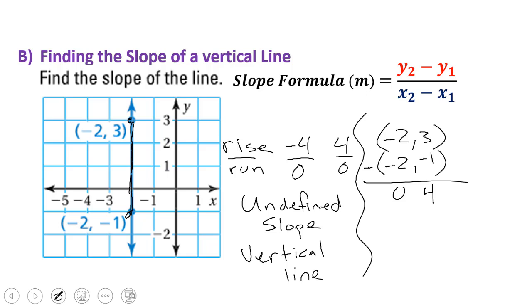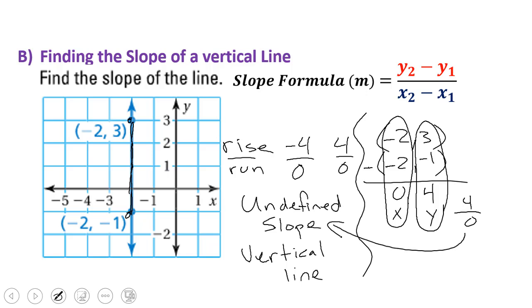Now this is my x and this is my y. My change in y, as a definition of slope, is 4 over my change in x, which was 0, which again gives us undefined slope, a vertical line.